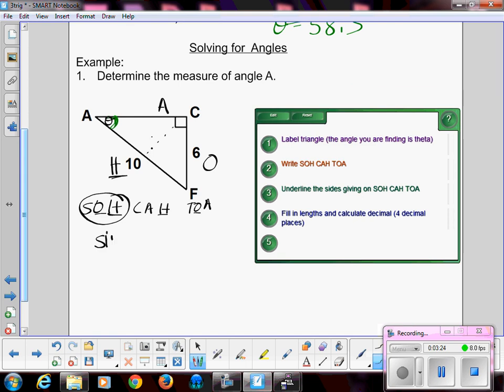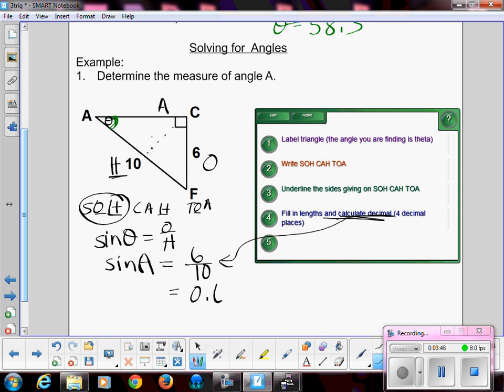So I'm going to copy down my formula and substitute in what I know. This is angle A I want to find. My opposite side was 6, and hypotenuse is 10. They're asking for 4 decimal places, which is actually 0.6.